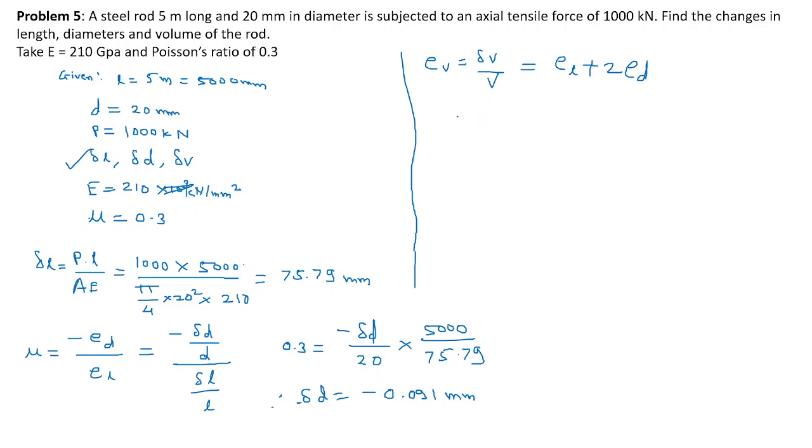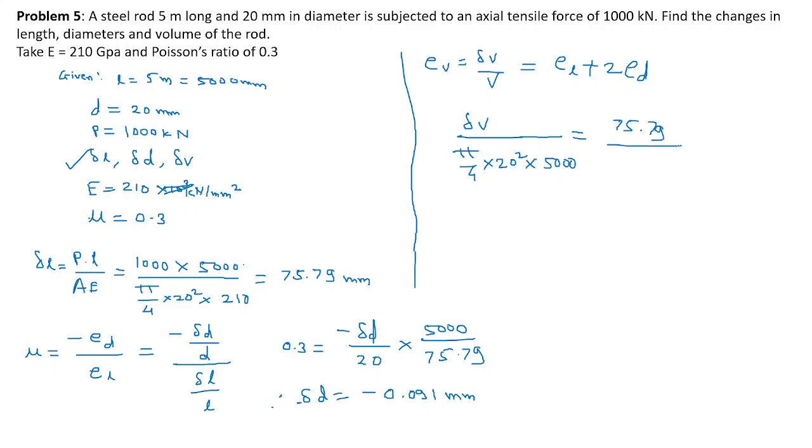You can check the formula list for those two formulas. So delta V is unknown. What is V? V is pi by 4 D square, 20 square, into L, which is 5000. Then EV is equal to EL, and EL is delta L upon L.